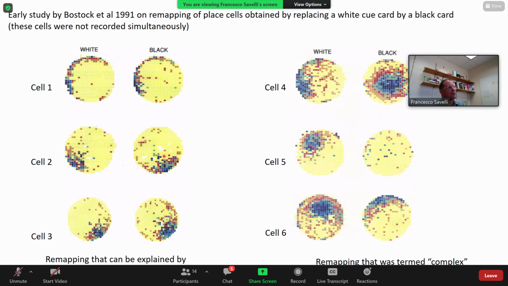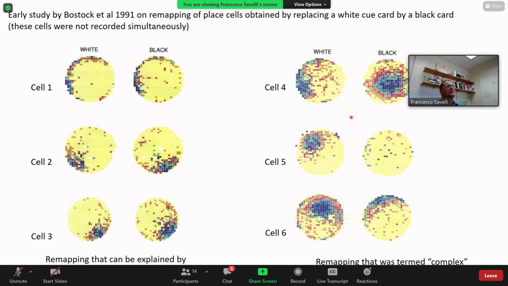Now the place field rotated, right? Okay, so it looks like it rotated. Cell three maybe rotated just a little bit, but not much. So when you look at cell one, cell two, cell three, you can say there's not much remapping. And if there's remapping, it seems like some cells remapped as some kind of rotation.